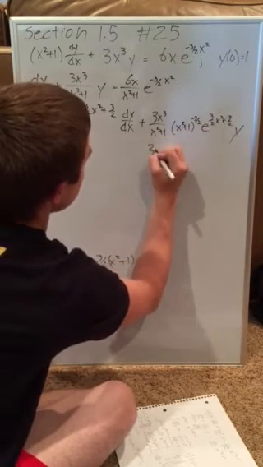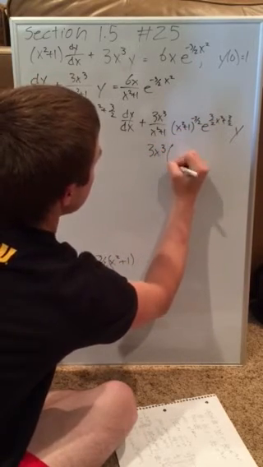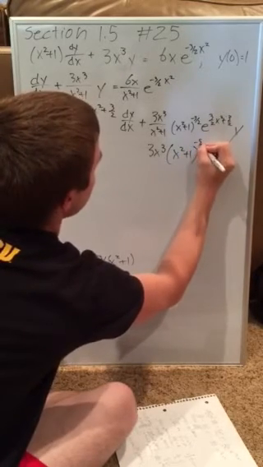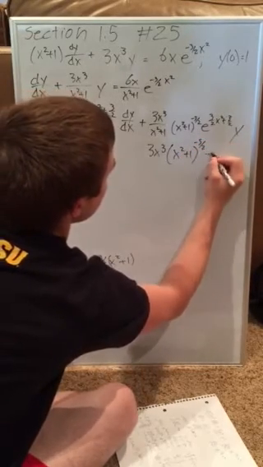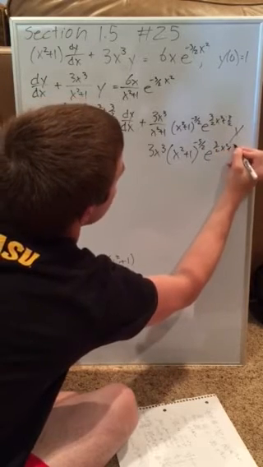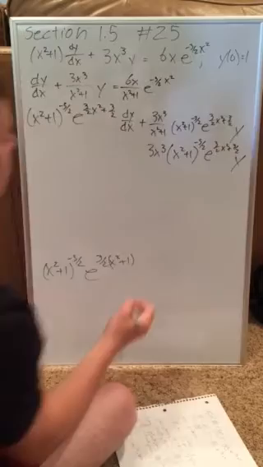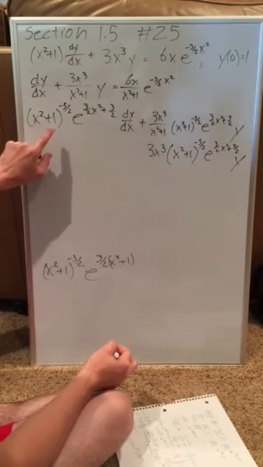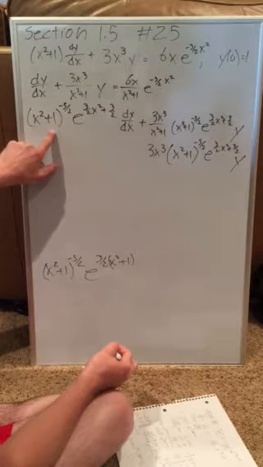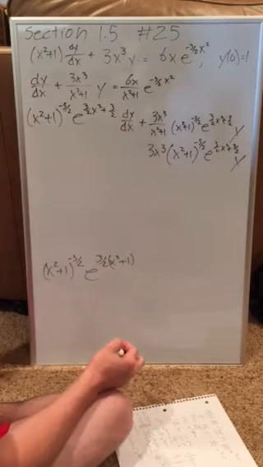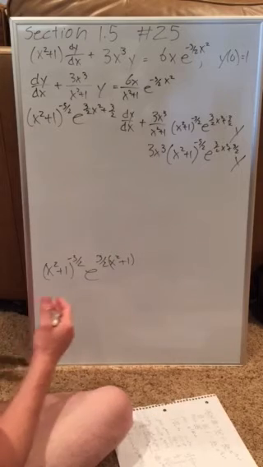Add that to there, so we'll have 3x to the third multiplied by x squared plus 1 to the negative 5 over 2, and our e to the 3 over 2 x squared plus 3 over 2, y. This is actually the derivative of this, and this is waiting to be derived, and it has our y right there, so let's just combine it.